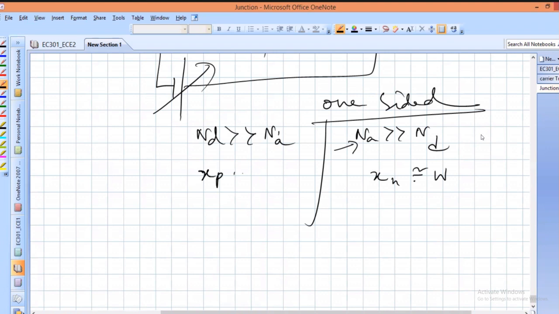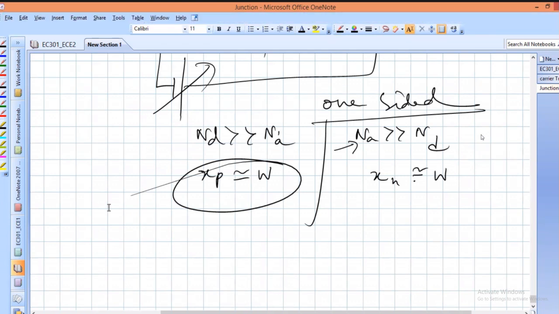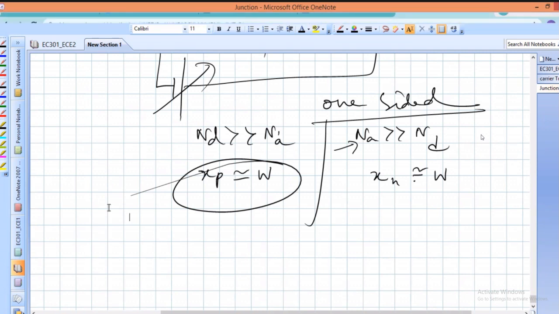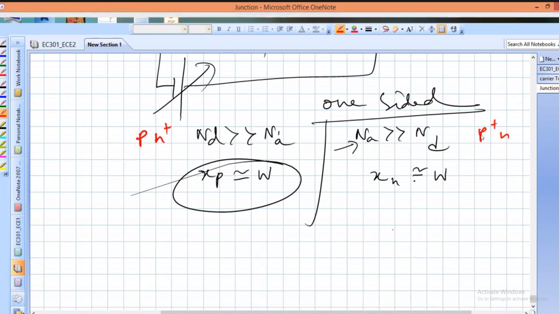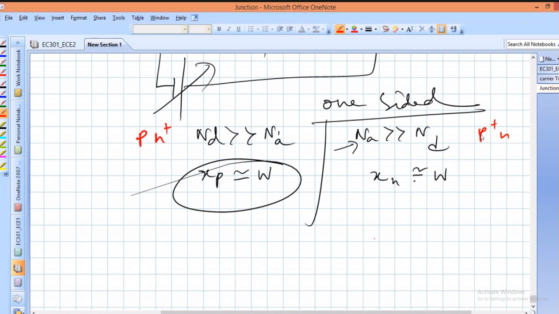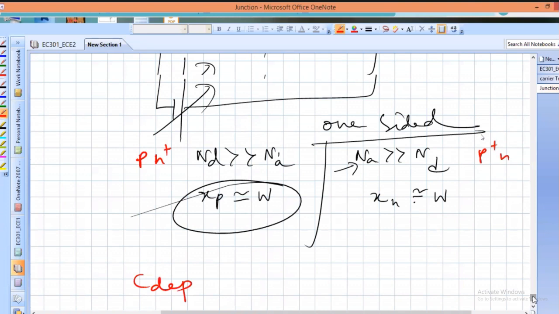I will assume, under such a case, the extension of the depletion region width is xp, where Nd is much greater than Na. Students, this type of junction is P plus N, and this type of junction is PN plus. So this is a one-sided junction, and in this one-sided junction, you can also modify the equations of CD, where you need to consider again Na greater than Nd.